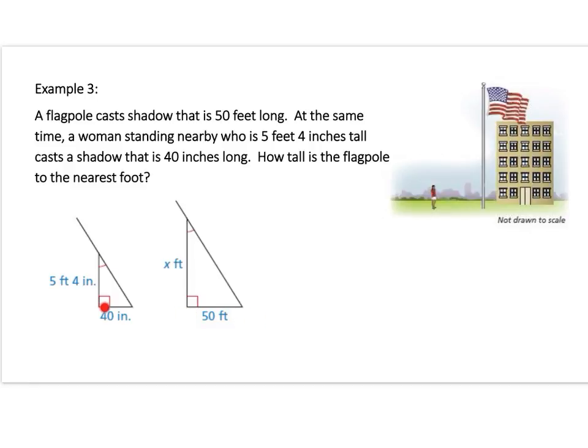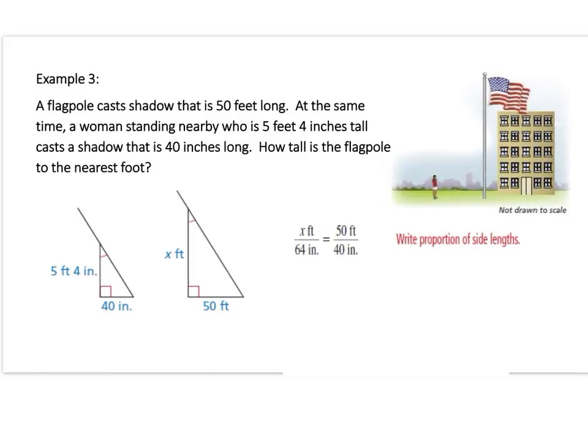And because a person is standing perpendicular to the ground, it's a right angle. And because the flagpole is perpendicular to the ground, it is also a right angle. And because the shadow is cast from the same direction, in fact the sun, then we have corresponding angles that are congruent.